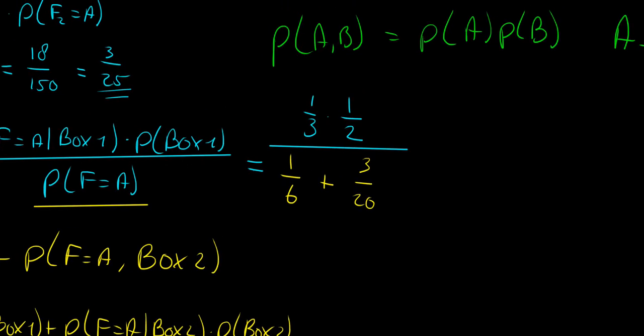This sum equals to, let me calculate that quickly. On top we get 1/6 divided by 1/6 plus 3/20, which is 19/60, which is equal to 10 over 19.